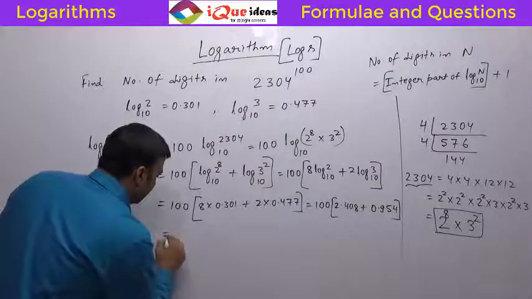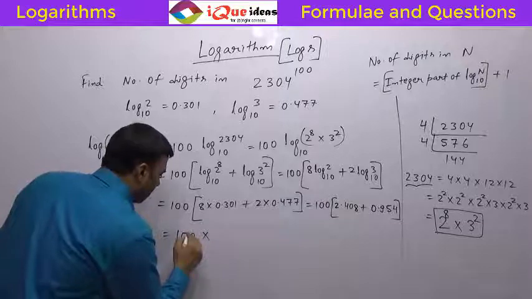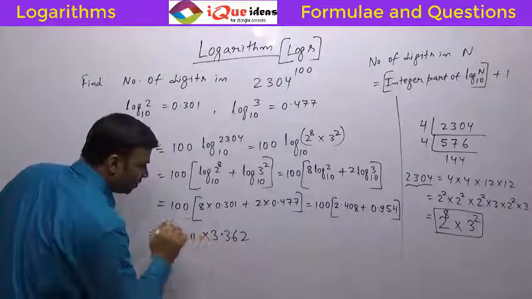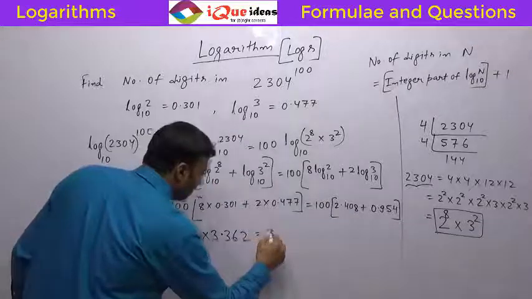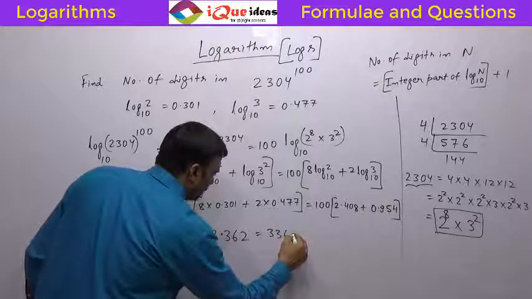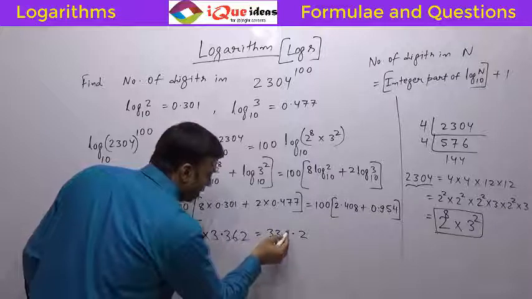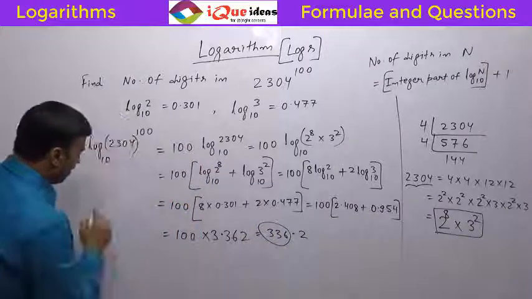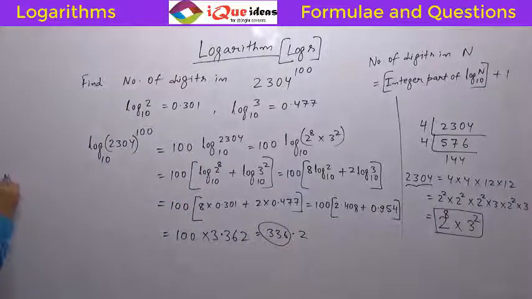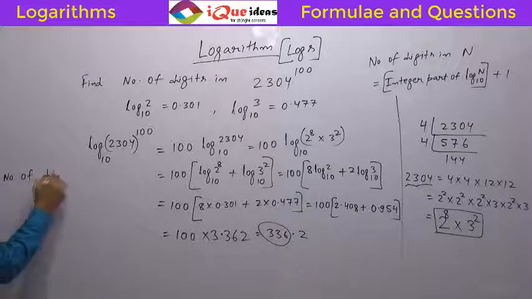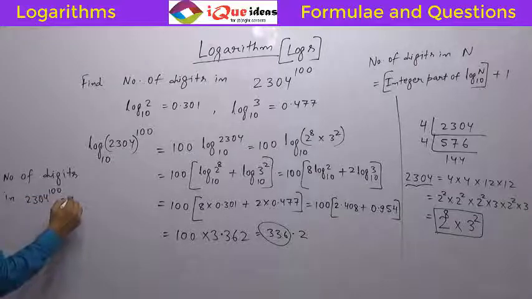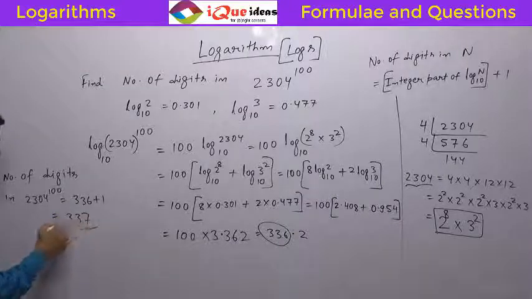Now if you add them, it is 100 into 3.362, so it is 336.2, right? Look at the integer part, that is 336. So the number of digits in 2304 to the power 100 is equal to 336 plus 1. So the final answer will be 337.